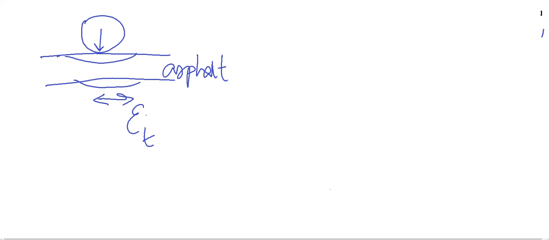When there are millions of traffic loads one after another, this tensile strain is repetitive. It will repeat again and again. So what will happen? After some time, a small crack will start at the bottom of the asphalt, and then with the continuation of the traffic, this crack will propagate to the surface.